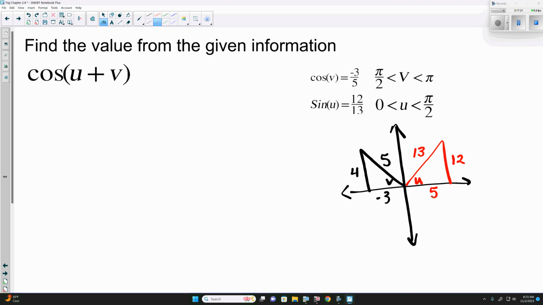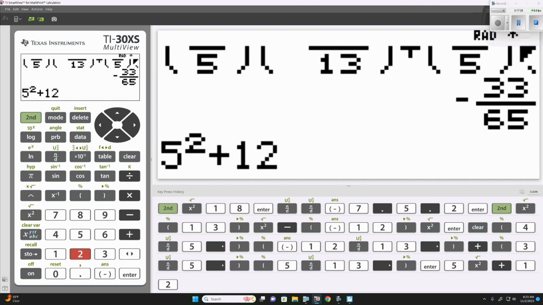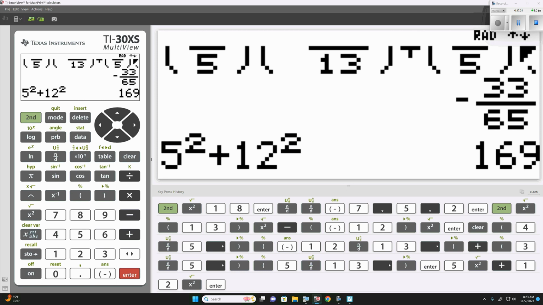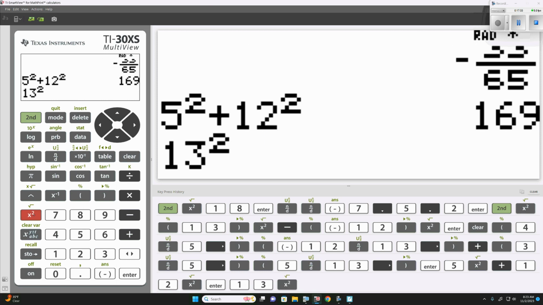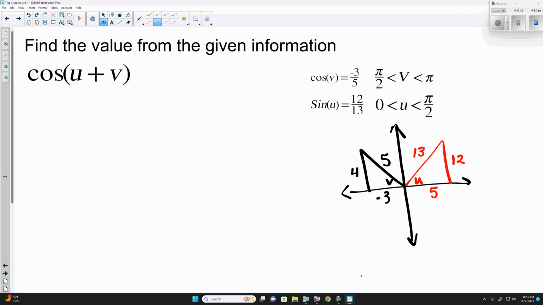It is 5. If you want to check that in a calculator, we can. Just 5 squared plus 12 squared, 169. 13 squared is indeed 169. So we have this here. Questions on this so far?